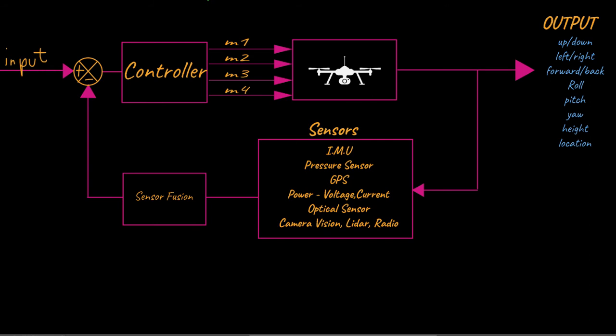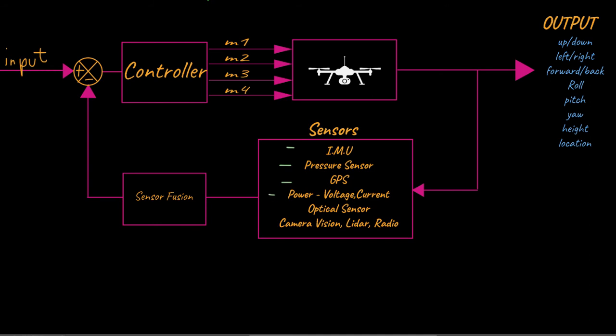And while it's controlling the motor speed, the quadcopter is clearly going to physically interact with the world by moving up, left, down, right. And that orientation or its movement is now tracked through sensors. A quadcopter could be filled with different sensors, such as an IMU, a pressure sensor, a GPS for measuring position, power and voltage.